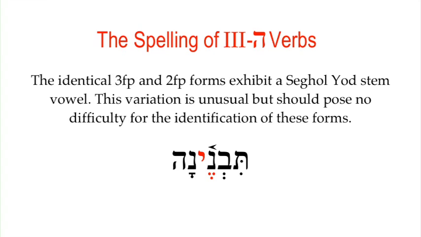That Yod will frequently reappear when the verb is inflected. In these twin forms, 3FP and 2FP, the original Yod reappears as the vowel Segol Yod. If you can recognize the fact that the Segol Yod represents the original third He root letter, then you'll be able to reconstruct these verbs. No need to memorize, simply understand the morphology.